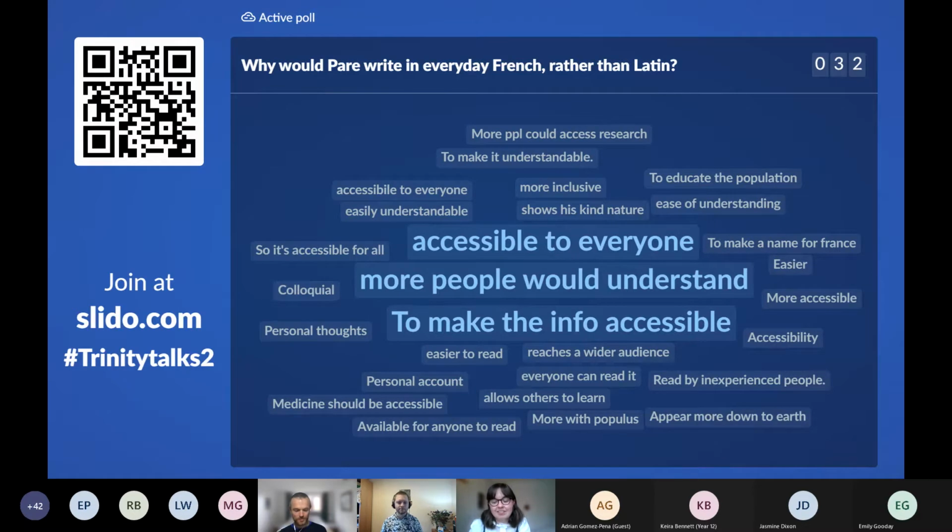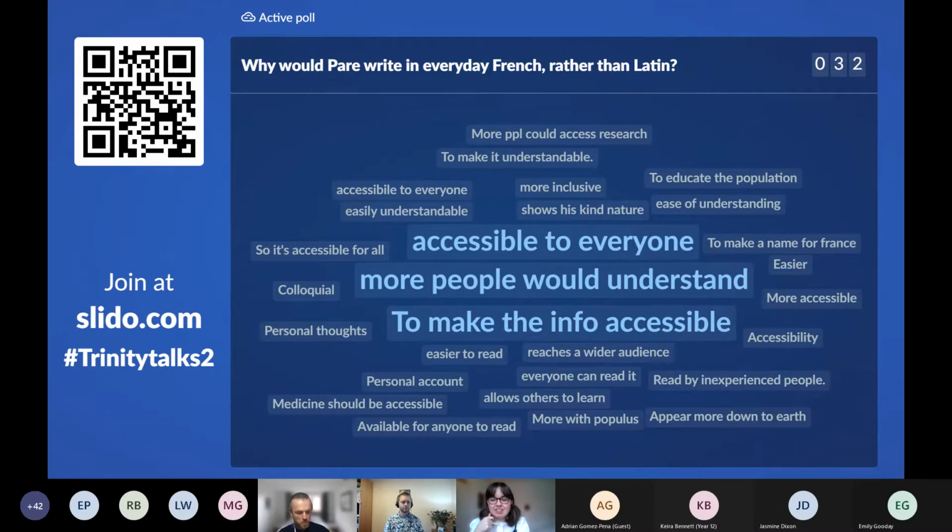And that's exactly right. So Paré felt that just like he had learned through experience and learning from others, rather than learning in the books and through texts, it was more important that everyday people could learn in that different way.